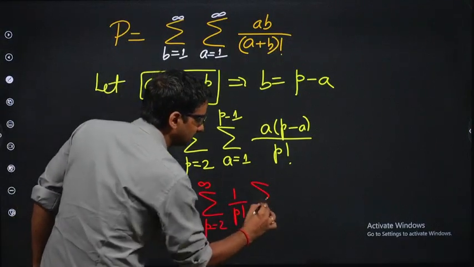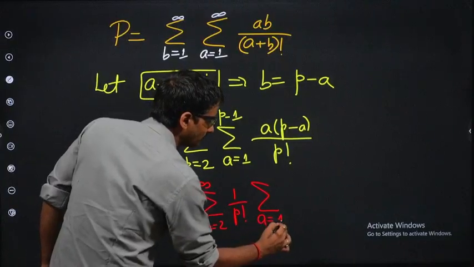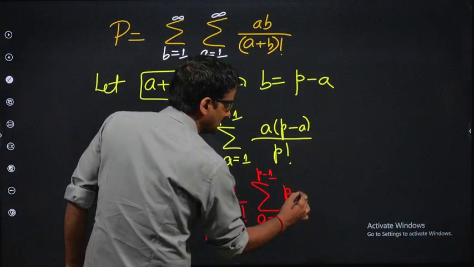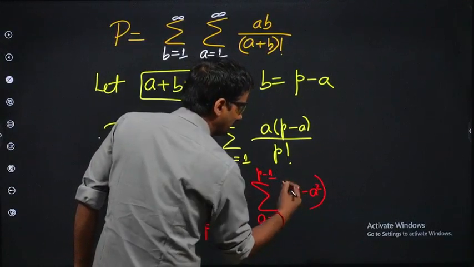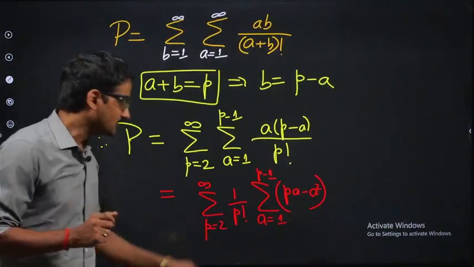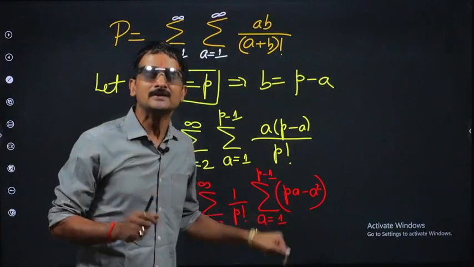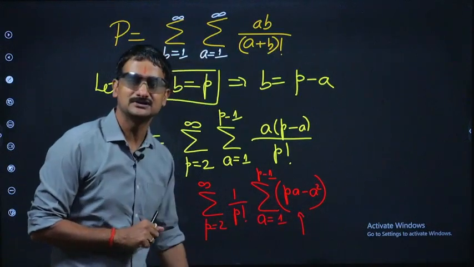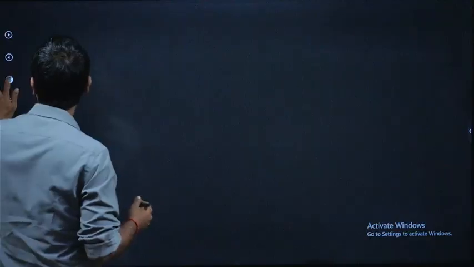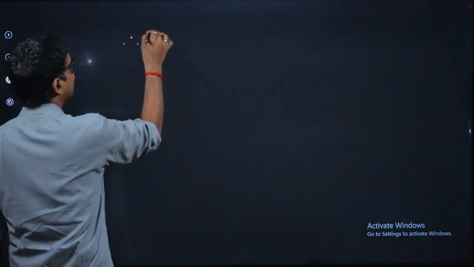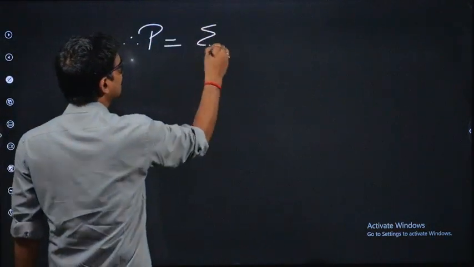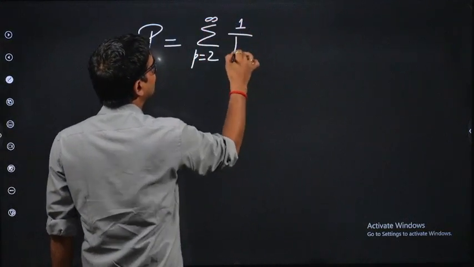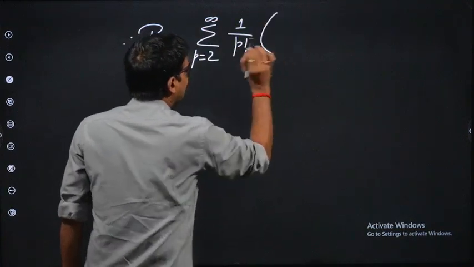This thing into the summation a goes from 1 to p minus 1 of pa minus a square. Here the variable for this summation is a, and p is a constant for this first summation. So therefore I will write the sum, p goes from 2 to infinity, of 1 upon p factorial.